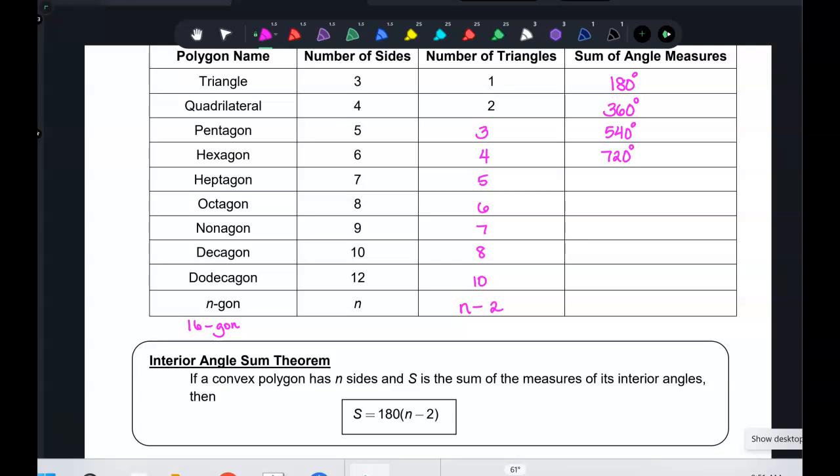Or if there's 9 sides, subtract 2, we get the number of triangles. So if we kept going, for example, a heptagon, we could multiply 5 times 180, because each triangle adds up to 180.